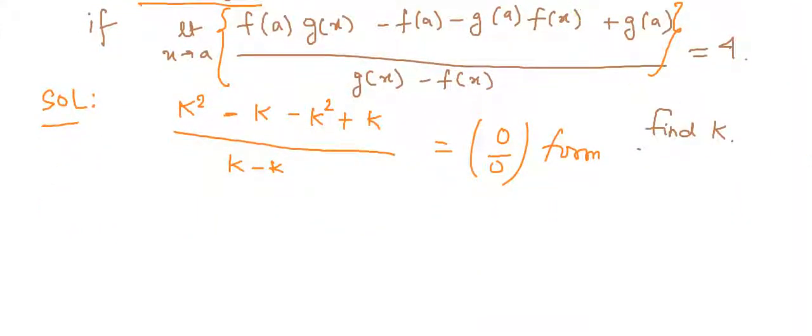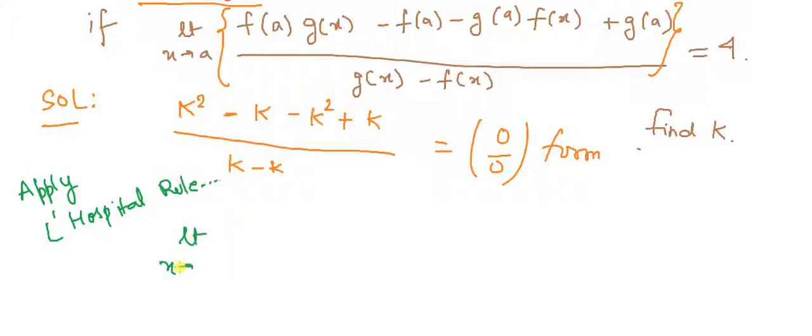Let's apply L'Hospital rule. So you'll get limit x tends to a. You just simply have to differentiate. So in the numerator, f of a is a constant. It's given in the question, so it won't be differentiated. f of a into g of x can be differentiated.